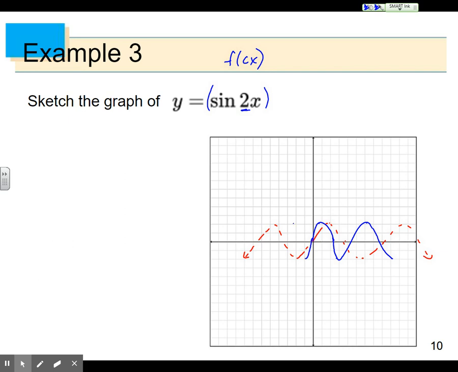About halfway back right there. It's been squished together. It's definitely had a period change where the wavelengths aren't nearly as long. And so it looks kind of rough. I could have done that a little bit better, probably plotted more points. It would have been fine, but I think you get the idea.